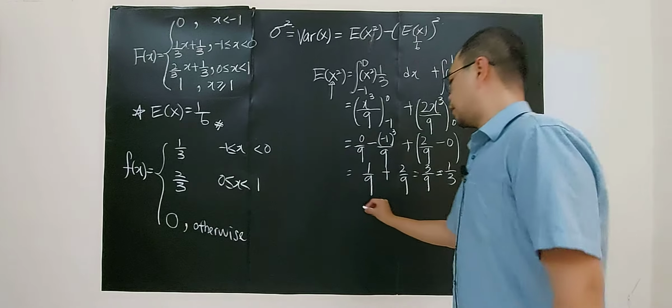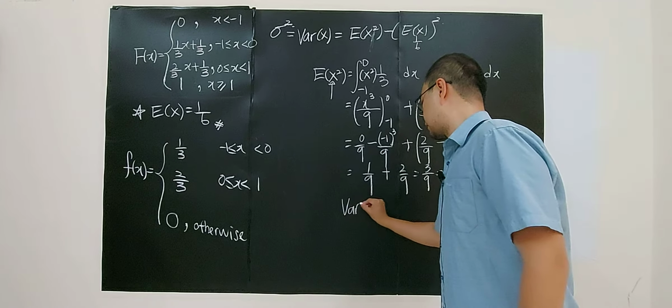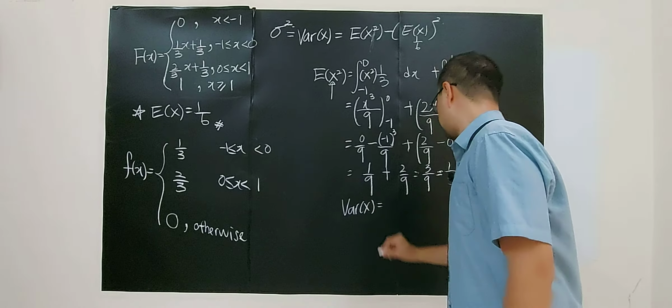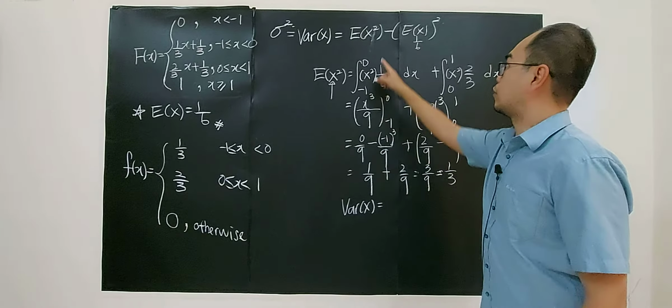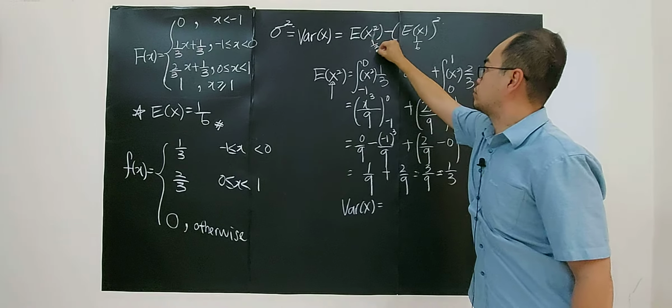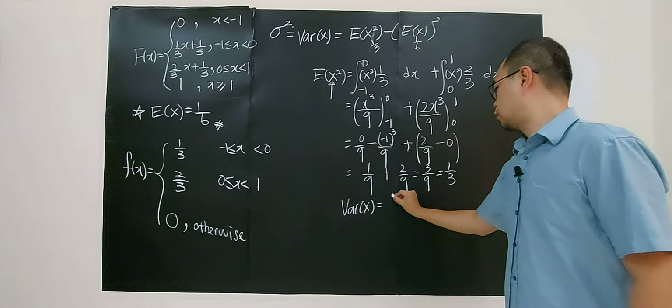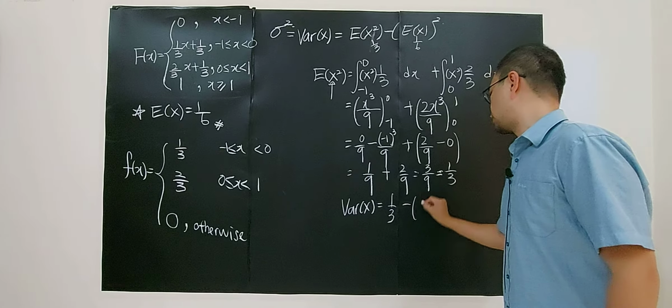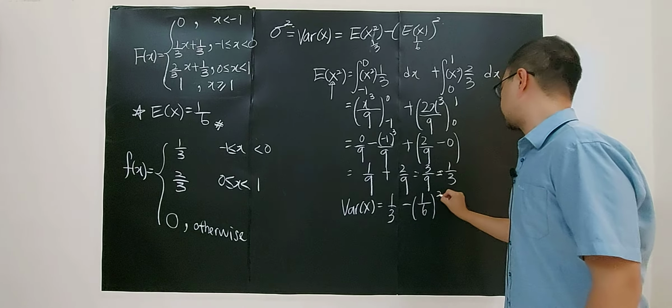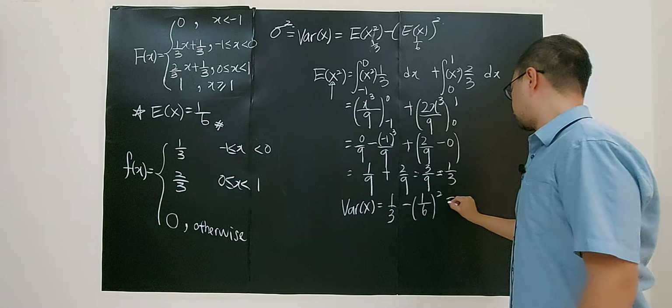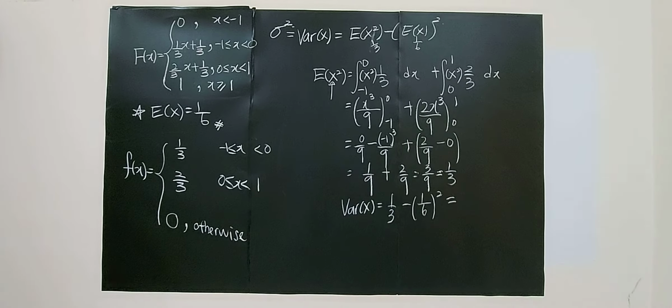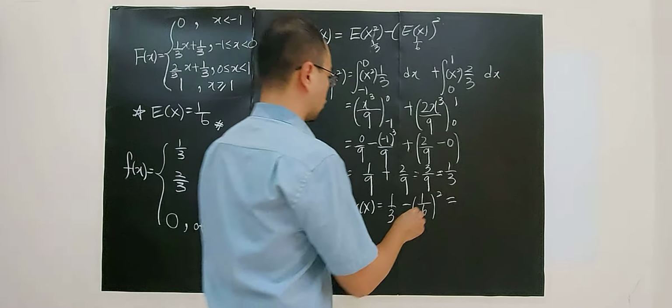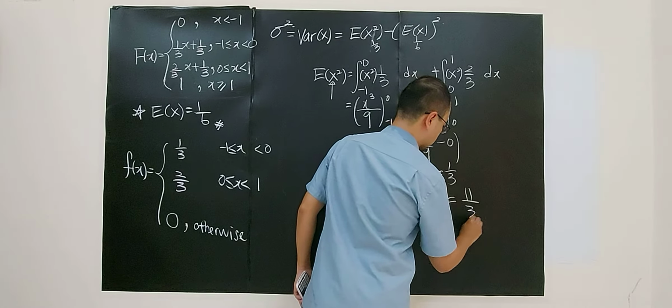Then we want to find the variance of x. We take the value of E[x squared], which is 1 over 3, minus 1 over 6 squared, the mean squared. So there we get our variance of x, which is 11 over 36.